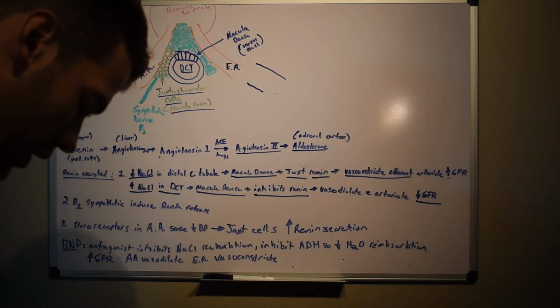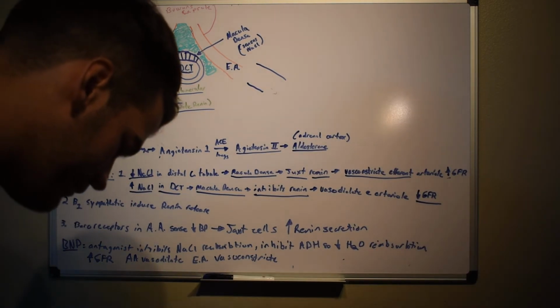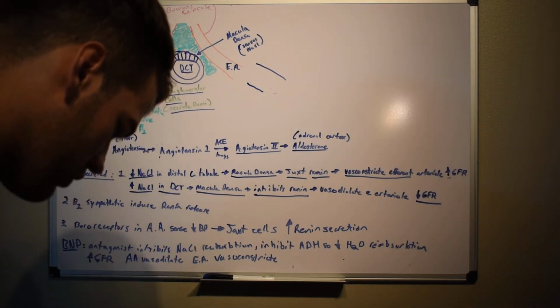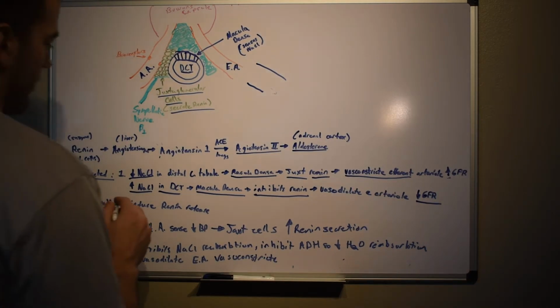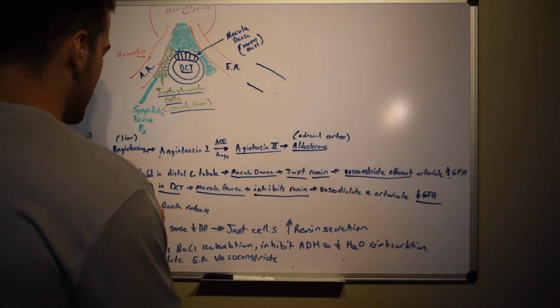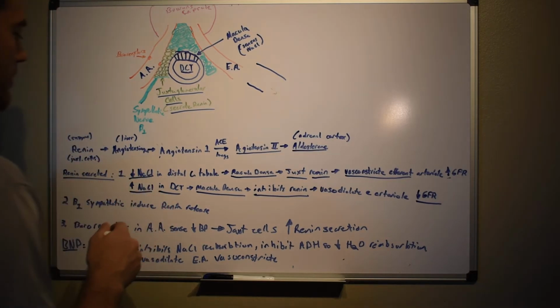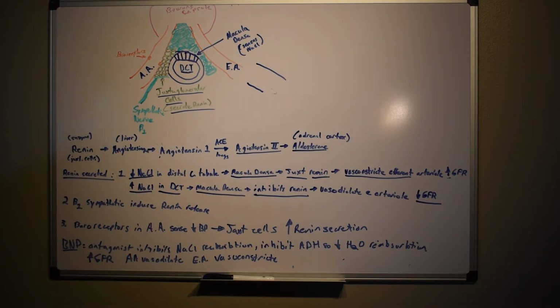So what happens with that? We increase our blood pressure, okay? So we can detect a decrease in sodium in the distal convoluted tubule. Why might that happen?